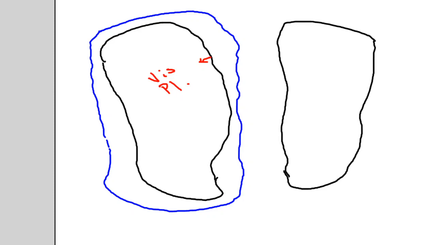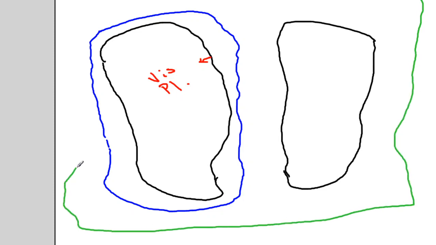Again, I'm so sorry for the drawing. The part of the pleura that attaches to the chest wall here is your parietal pleura.